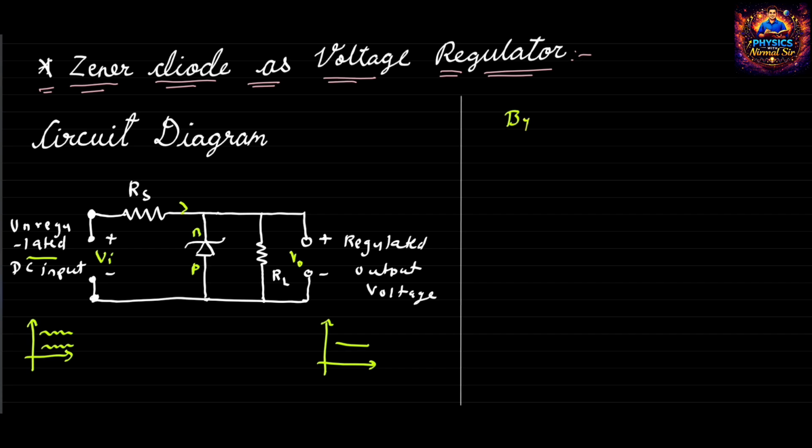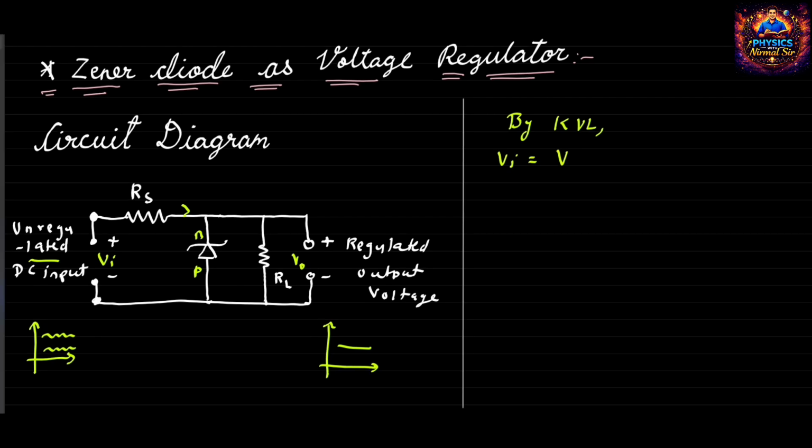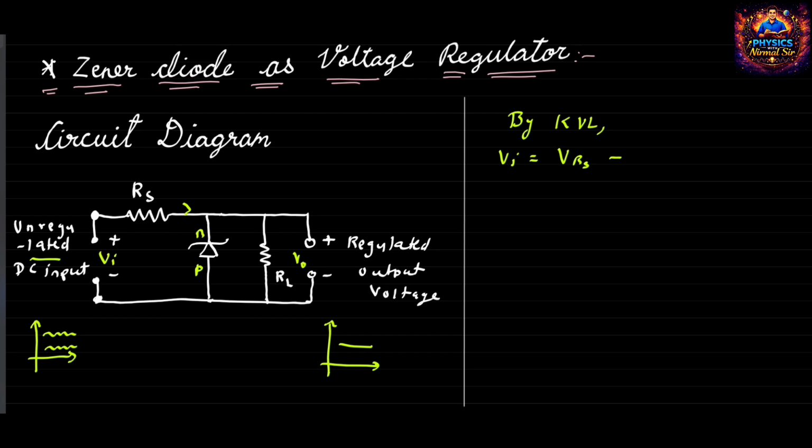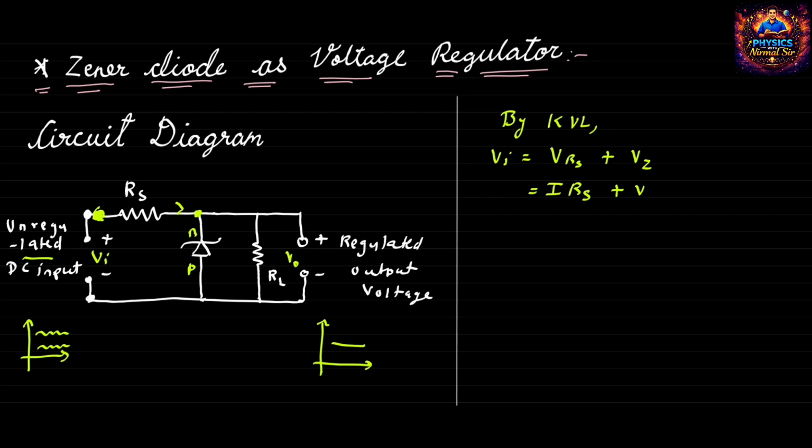By Kirchhoff's voltage law, we can say that input voltage is equal to the voltage across Rs plus the voltage across the Zener diode. The voltage across Rs is nothing but I into Rs, plus Vz.